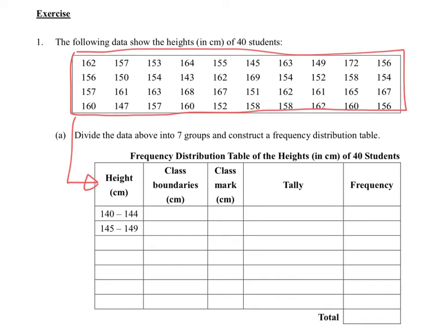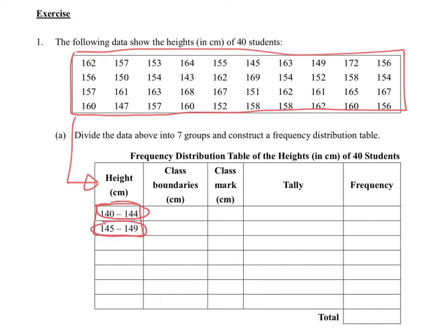How to group is actually decided by the user of this data. But now the question has helped you to divide the first two groups, so we can follow these guidelines to group the data. We can see that for each of these groups, the range is 5.